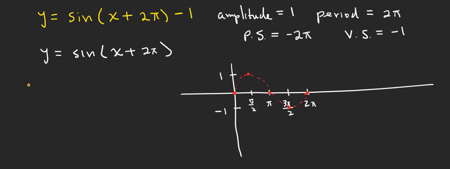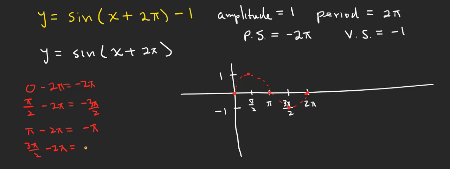So it's going to be 0 minus 2 pi, which is negative 2 pi, pi over 2 minus 2 pi, which is negative 3 pi over 2, pi minus 2 pi, which is going to be negative pi, and then 3 pi over 2 minus 2 pi, which is negative pi over 2.